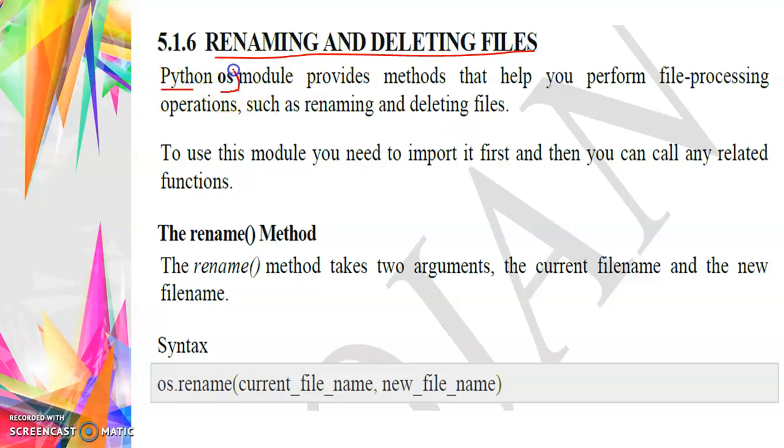the operating system module. First of all, what does module mean? I already told you so many times. A module has predefined functions, predefined objects, predefined variables, predefined contents available in a particular package, known as a module, right?